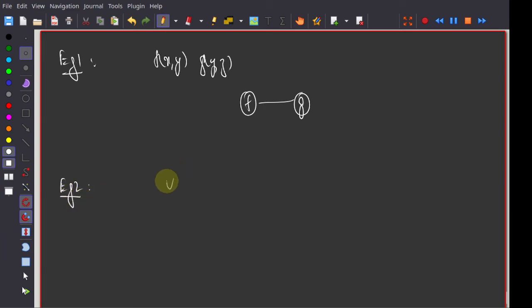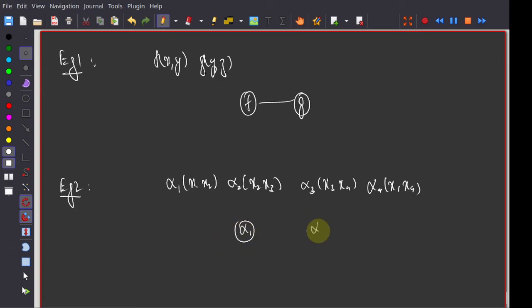So there I had alpha 1 of x1, x2, alpha 2 of x2, x3, alpha 3 of x3, x4, and alpha 4 of x1, x4. So let's construct the local domain graph. 1, 2, 3, 4.